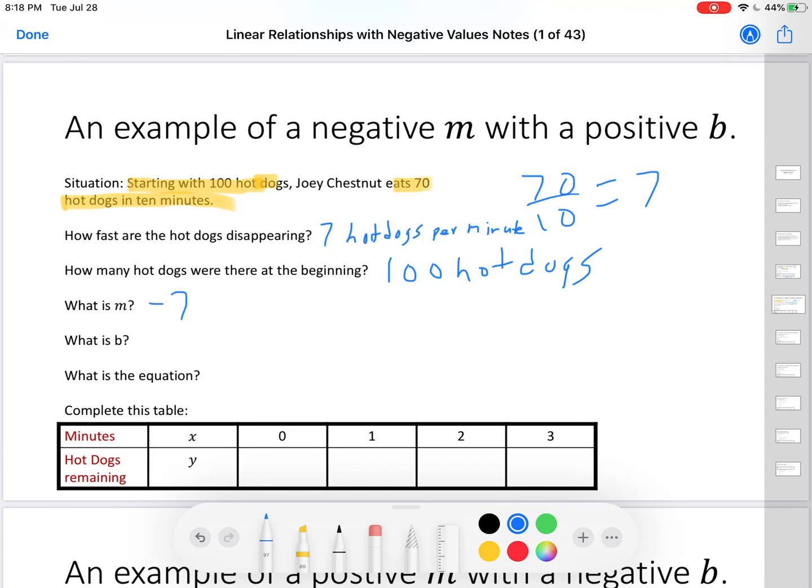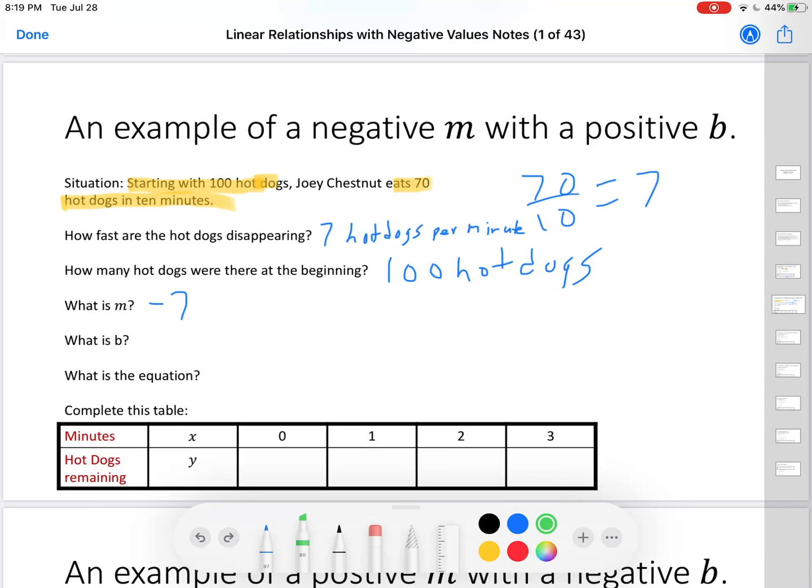So negative 7. Notice, there is a negative sign here, but there's no negative sign here. That's the difference. Up here, the word disappearing takes care of the negativity. Here, there is no word for it, so M has to be a negative number.